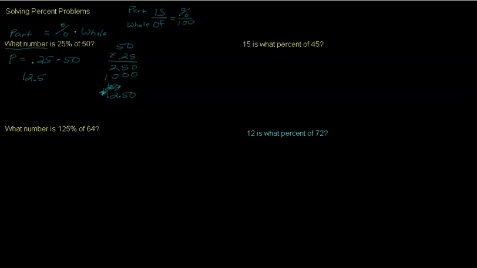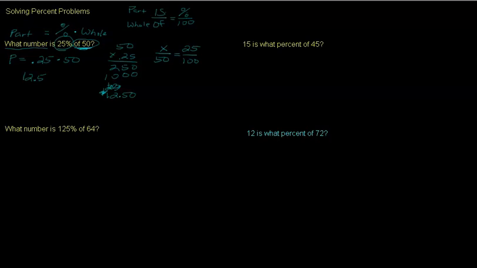On these problems, we don't know the is. It says what number is, so we don't know that. So we're going to use X for is. The of is 50, so 50 goes down here. The percent is the 25%, and again, we don't have to turn that into a decimal in this case.